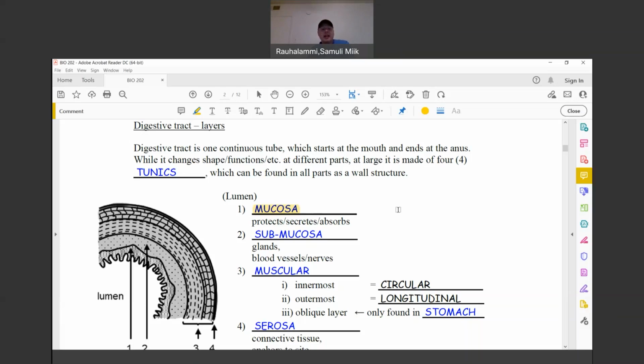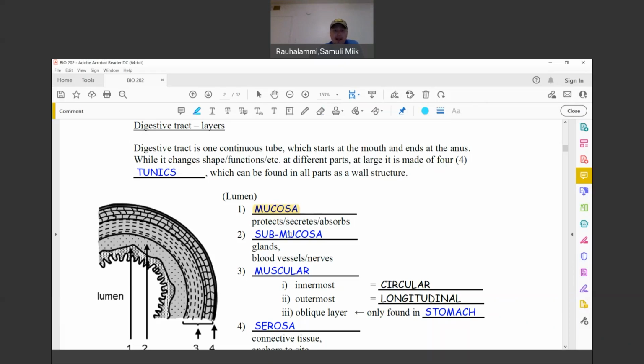So the mucosal layer is especially adapted to facilitate secretions and absorption. It's not very thick, so it's easy to pass. That would be the first characteristic definitely worth noting when it comes to the tunicas of the digestive tract.